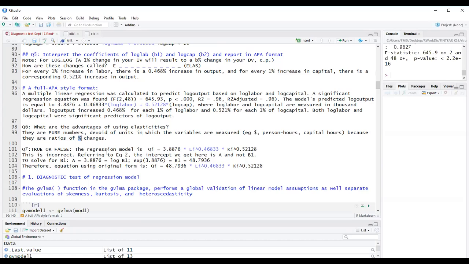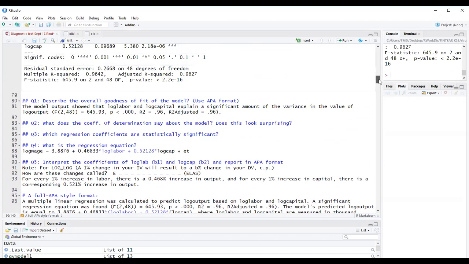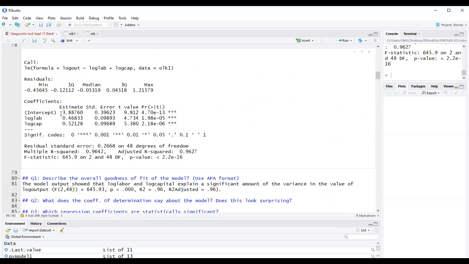Okay, true or false? The regression model is Q equals A. Ano ba yung A natin? Yung intercept. So tama ba, guys, na ang regression equation natin, pakidictate nga.